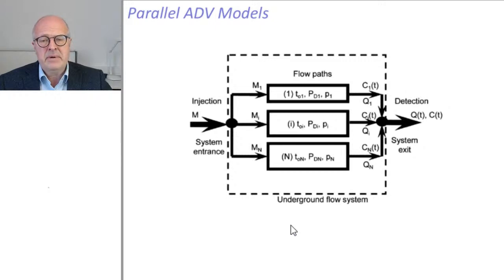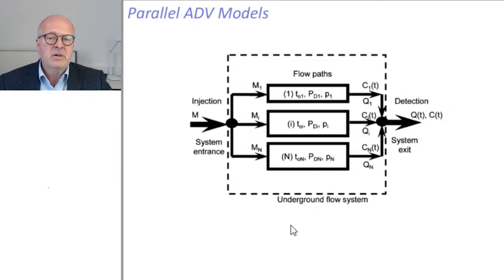And I have to mention that the advection dispersion equation is only one possible model, although the most versatile and general one. But you also have the exponential model. So if you have complete mixing and recharge over the entire aquifer, you could also have another dispersion type.